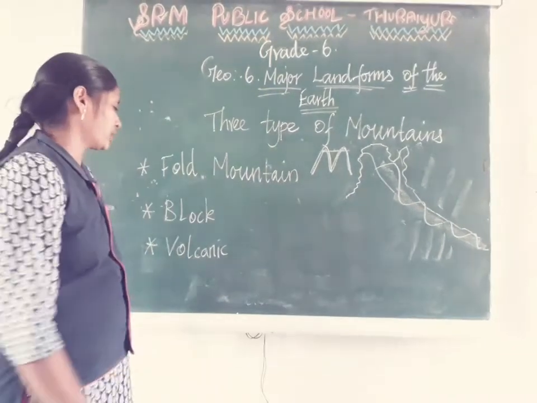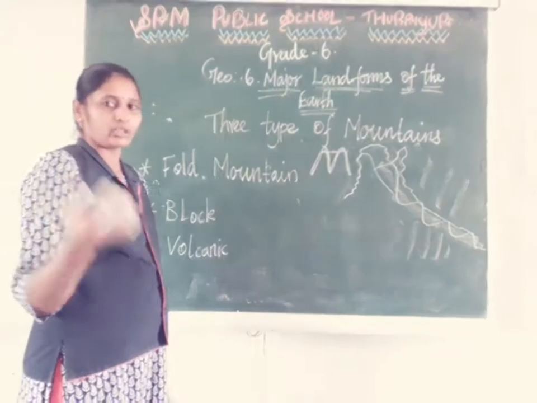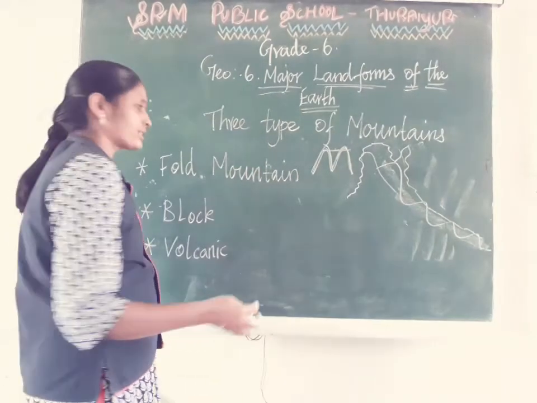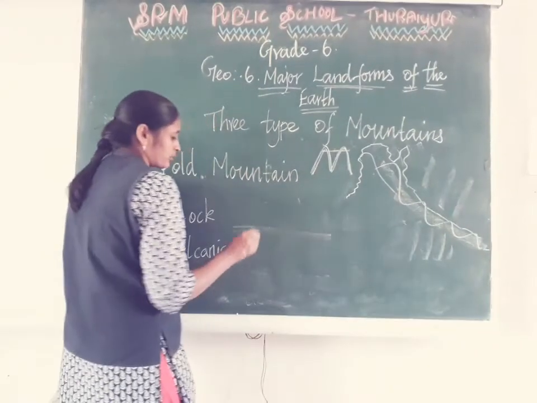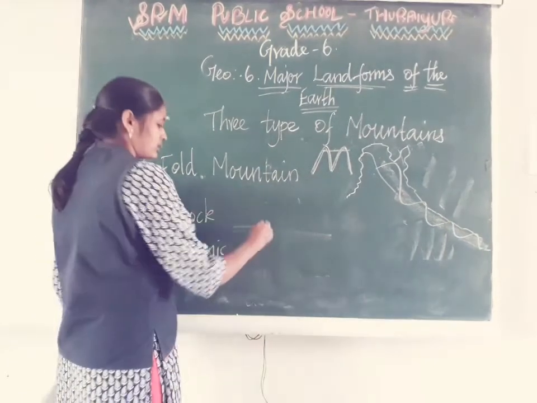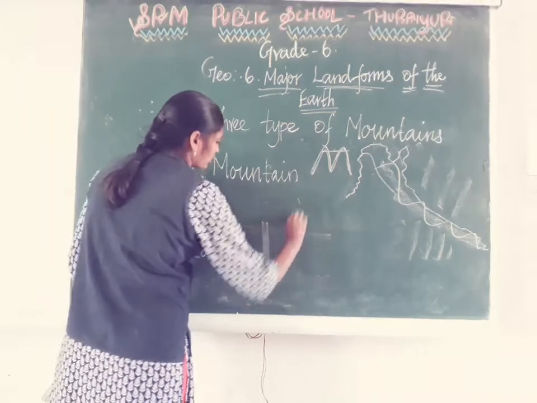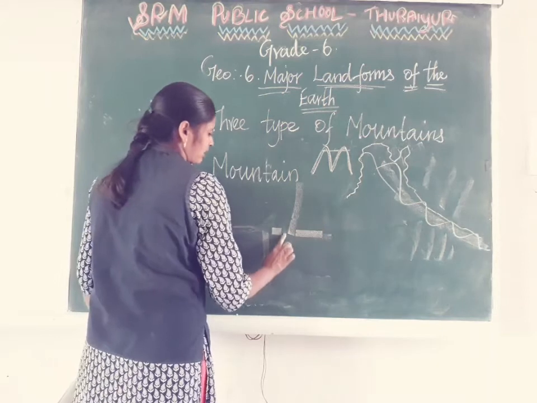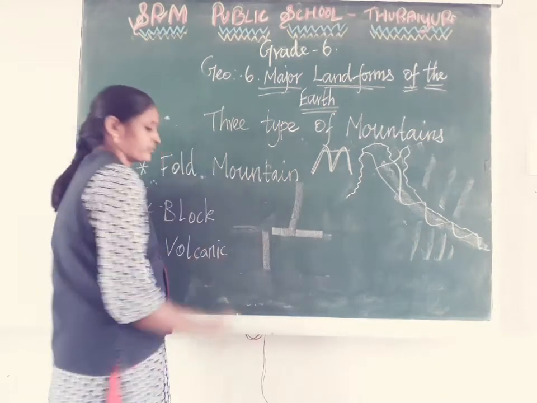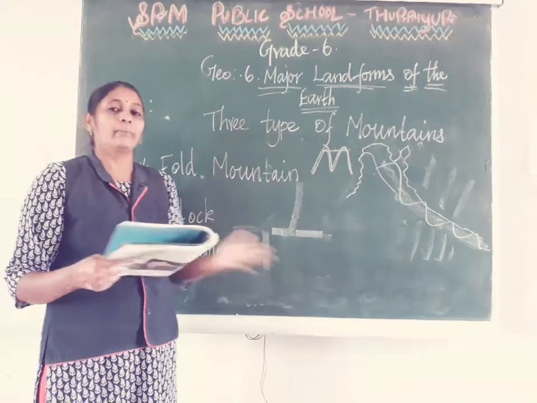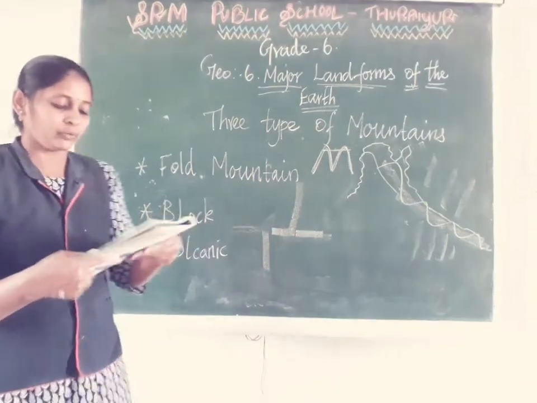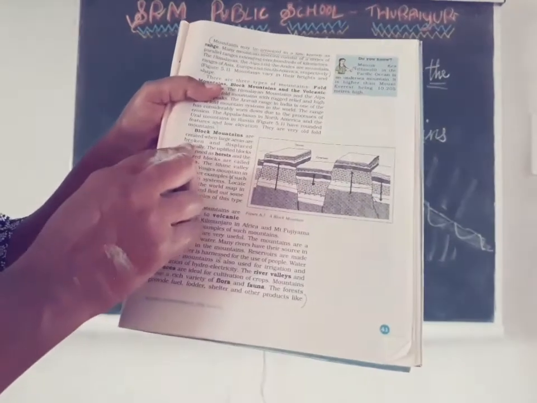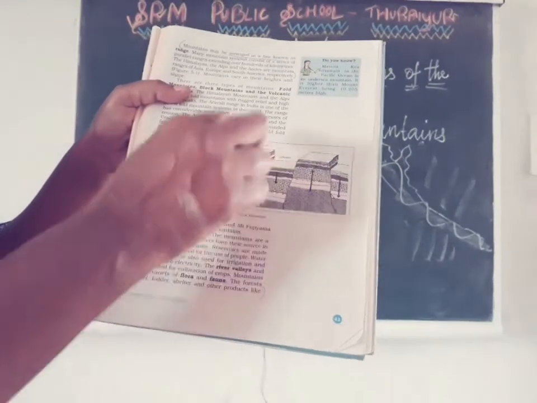Okay, next is Block Mountain. You know very well, when you were kids you played with building blocks. Like that, sometimes the land, because of an earthquake or landslide, has one part going down or going up. That uplifted part or down part creates a mountain, called Block Mountain. Block Mountains are created when large areas are broken and displaced vertically.